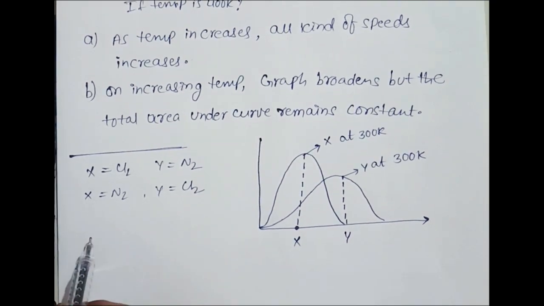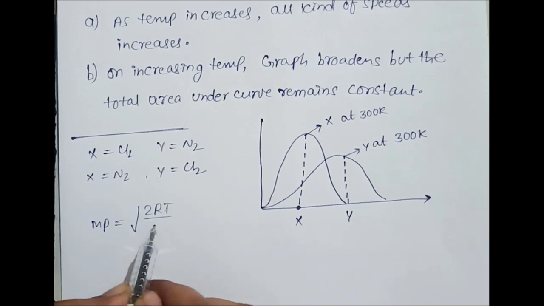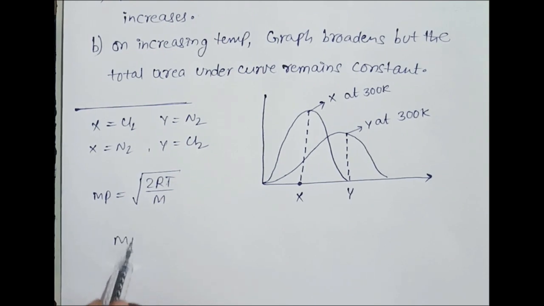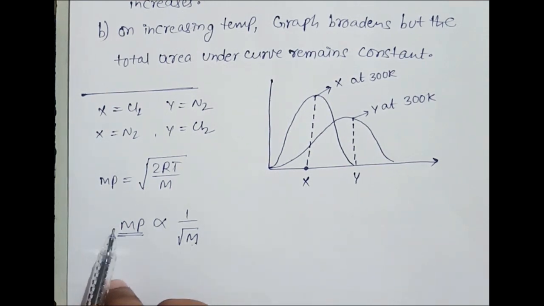What we have studied is the most probable speed formula, under root 2RT by M. So the most probable speed is inversely proportional to root M, which means if the molar mass is more, the most probable velocity will be less.